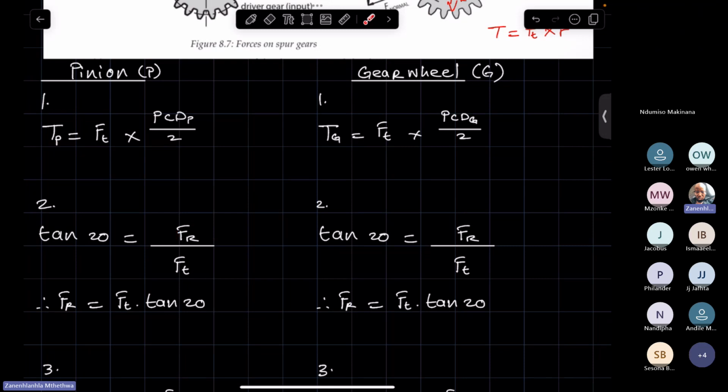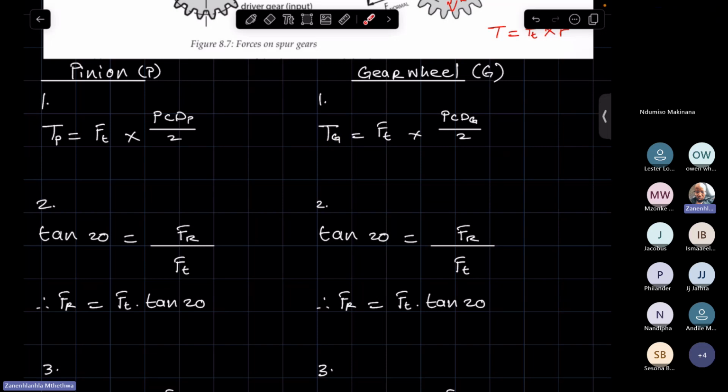And then, assuming that you've already calculated the tangential force, to get the radial force you simply cross multiply. So Fr is equal to Ft, the tangential force, times tan 20 degrees. You do the same thing on this side, so whatever you get on this side is essentially the same as this side. But I did highlight both formulas because the torques will be different. The torque being transmitted by this one will be different from the torque transmitted by this one for obvious reasons.